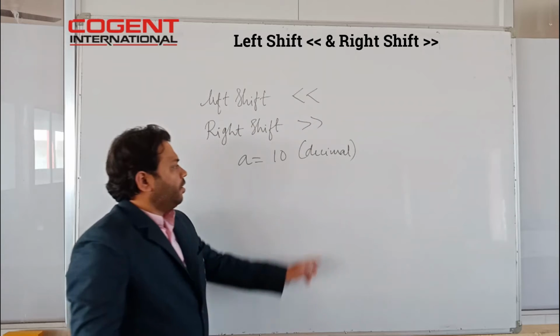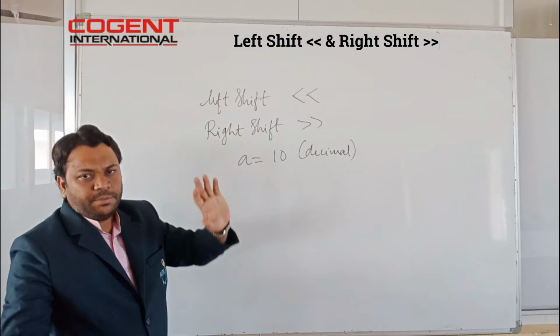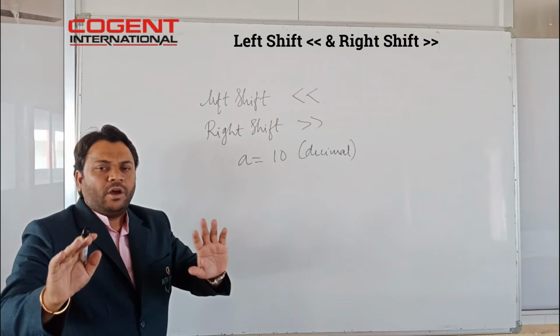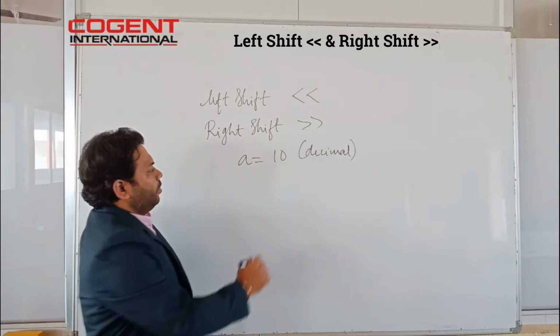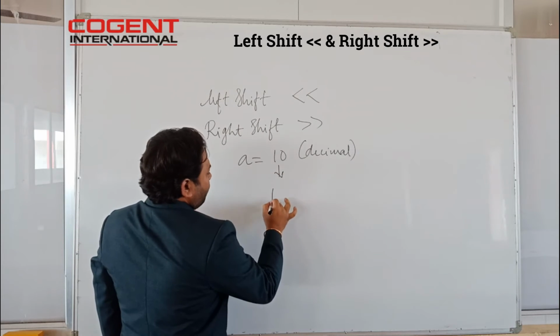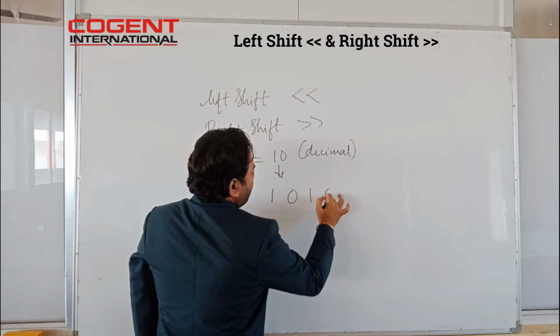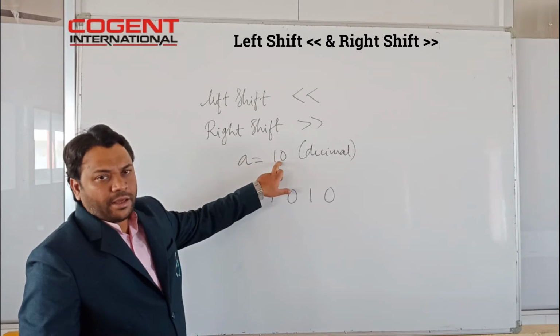Now how are we going to represent 10 in binary? As these bitwise operators perform the operation on the bits of a number, we need to consider this in binary. The binary is 1 0 1 0. This is the binary representation of 10.